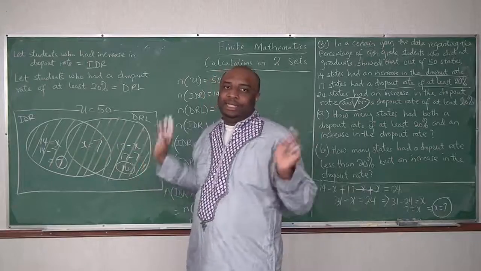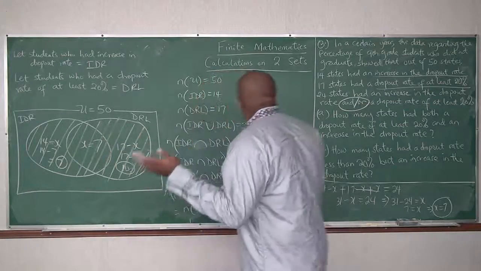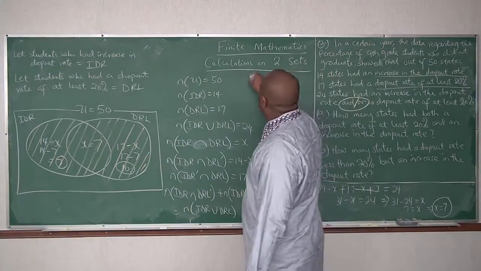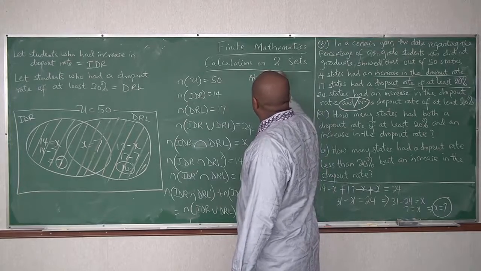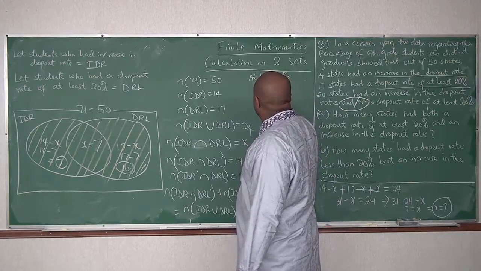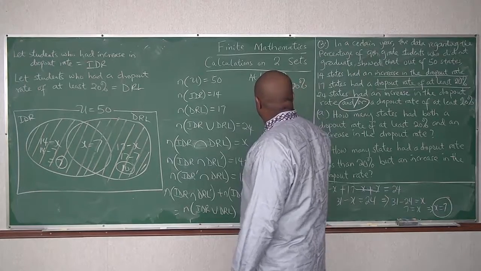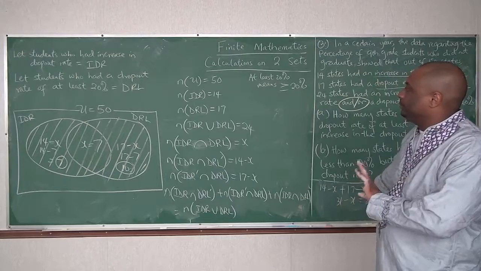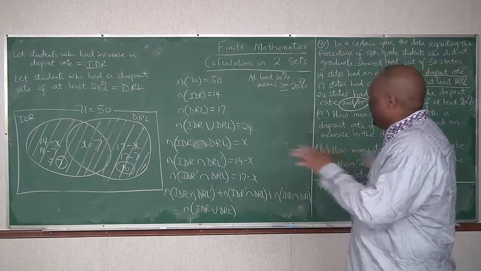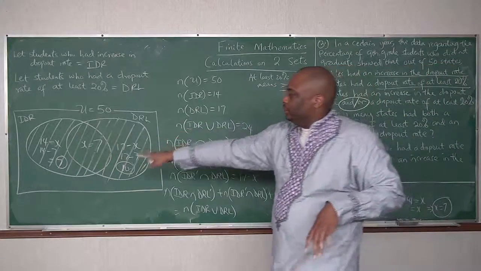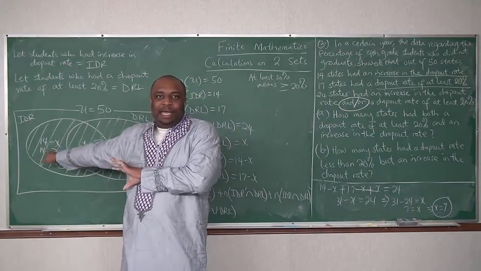If you say at least 20%, it means greater than or equal to 20%. So when you say less than 20%, but an increase in dropout rate, that tells you that it is IDR only.